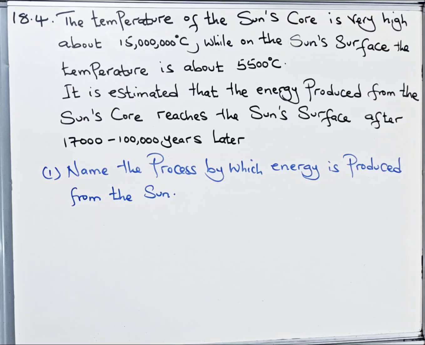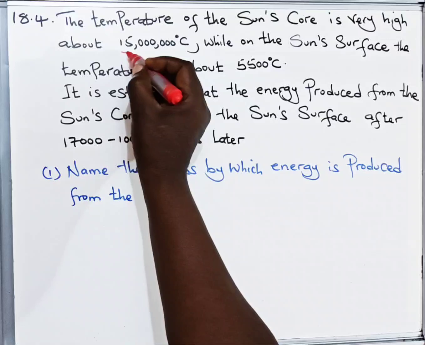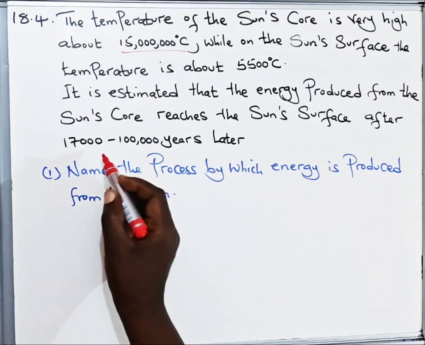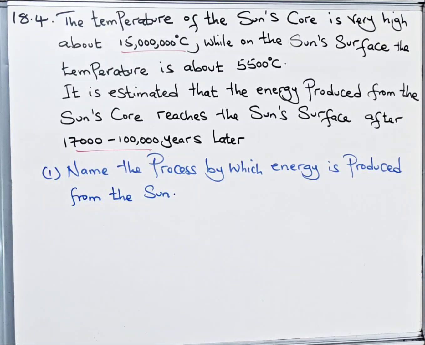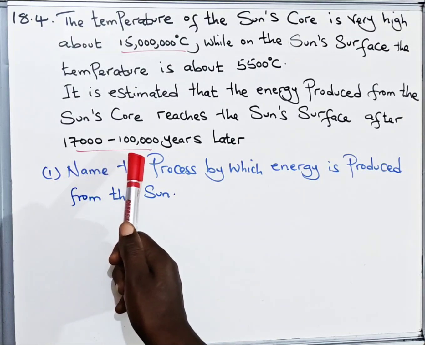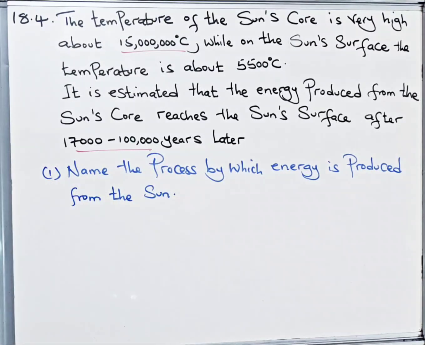That the core of the sun is about 15 million degrees Celsius. And when the energy is produced from the core, it reaches the surface of the sun after this period of time, 17,000 years. The implication is that the energy we receive now from the sun must have been produced about 17,000 to 100,000 years ago.